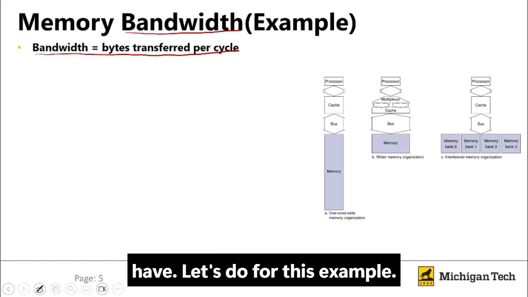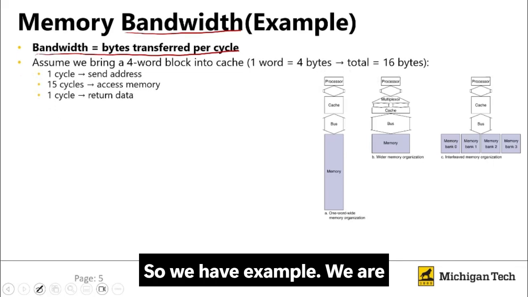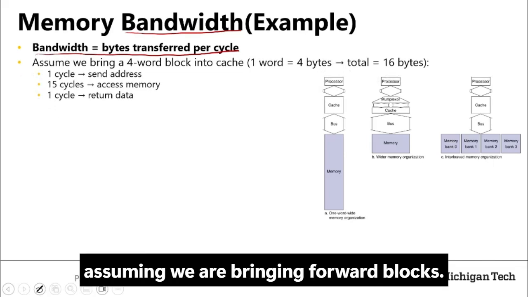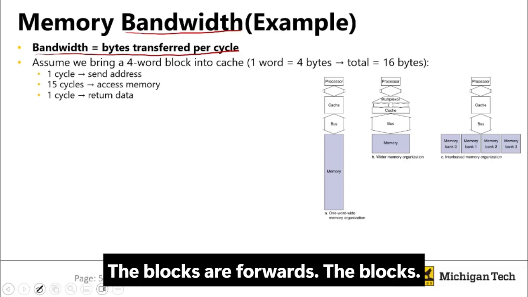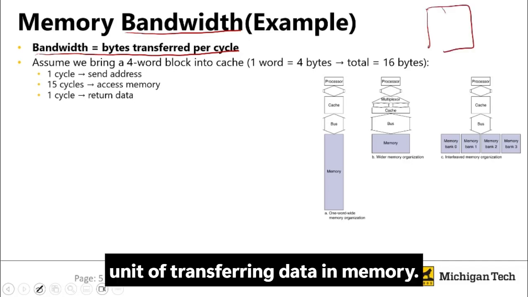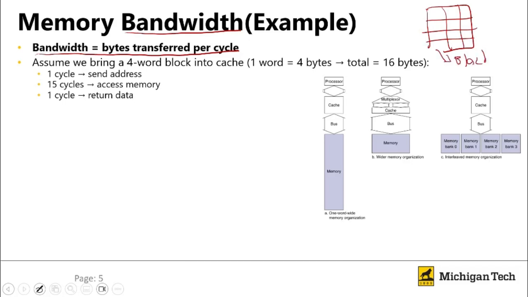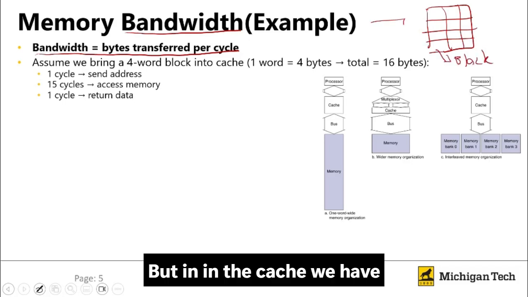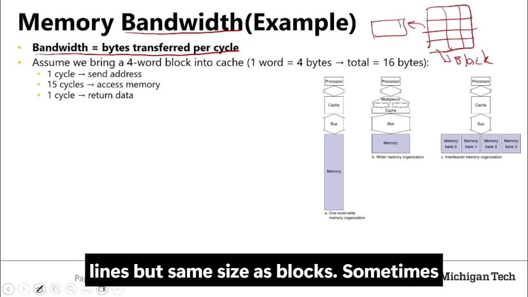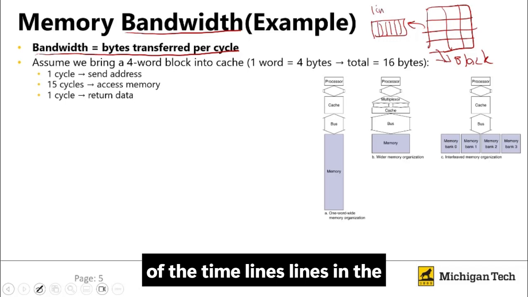So let's do this example. We are assuming we are bringing forward blocks. As I mentioned, a block is the unit of transferring data. In memory, it's called a block, but in the cache we have lines, the same size as blocks. Sometimes we even call them blocks, but most of the time lines.